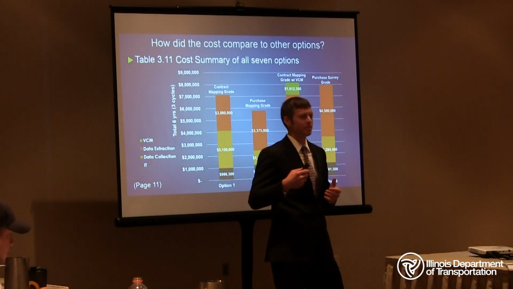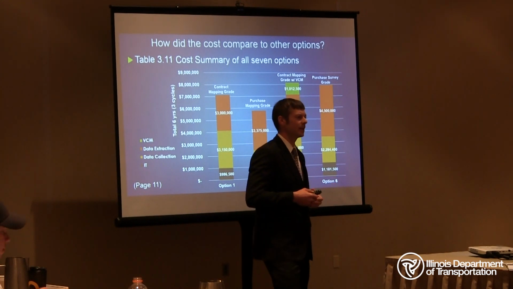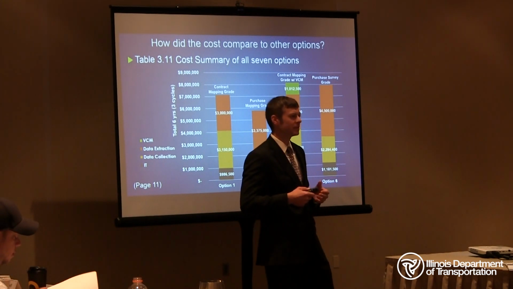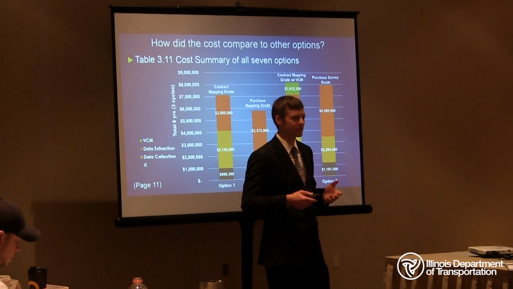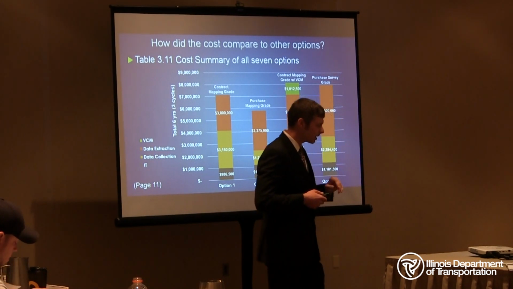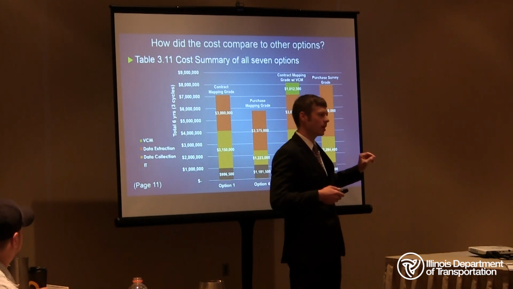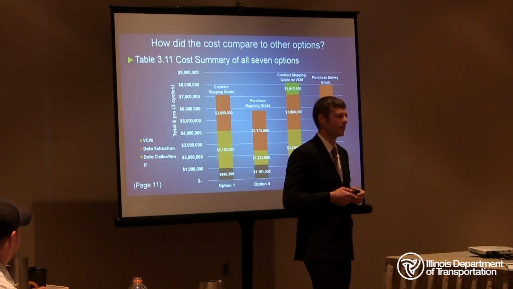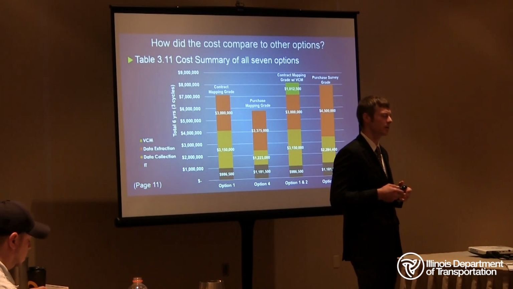So how did that cost compare to other options? You can refer to page 11 in your handouts, and you'll see table 3.11, the cost summary of all 7 options. We're only focused on 4 of those options. On the left-hand side of the bar graph, you'll see the total price per option, and along the bottom, you'll see the different options listed. So let's look at option 1, which is the first bar.